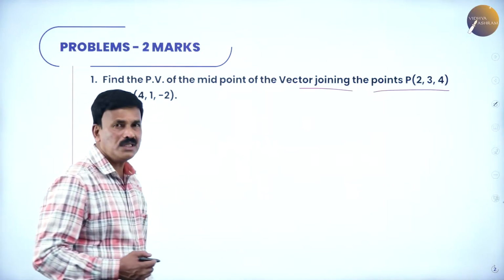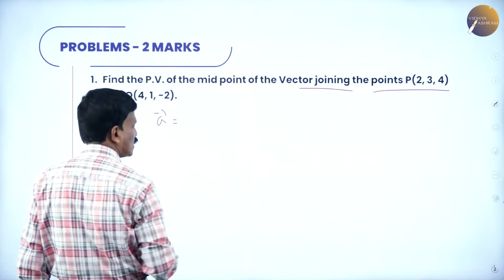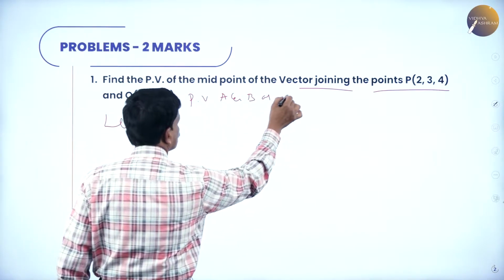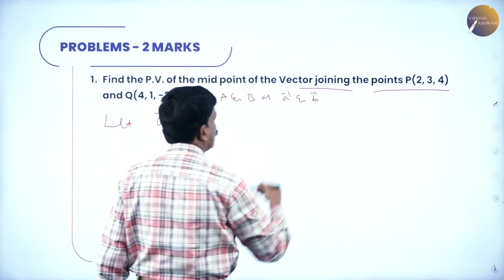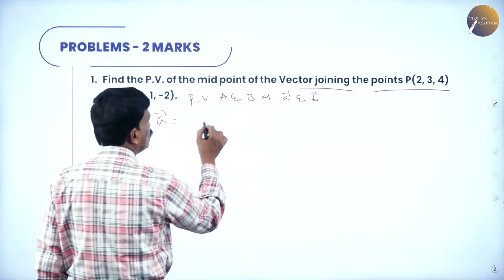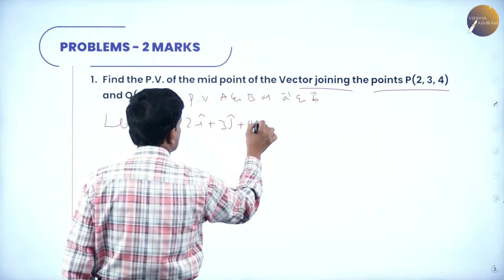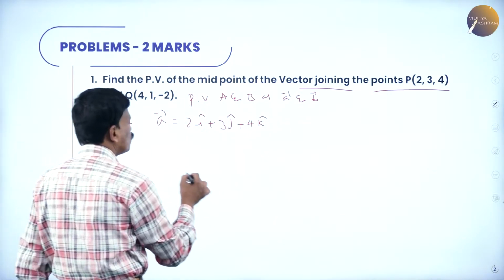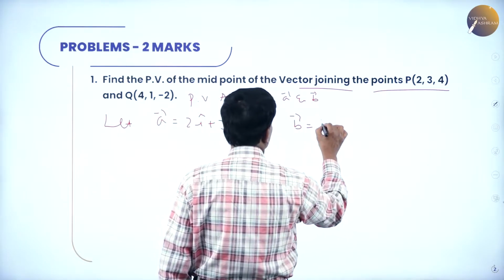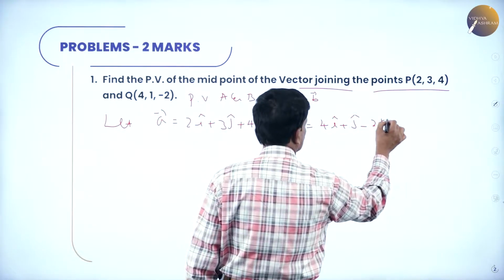Let us consider the position vectors of A and B as vector A and vector B. Now the position vector of OA, vector A, is 2i plus 3j plus 4k, and the position vector of the point B, vector B, is 4i plus j minus 2k.